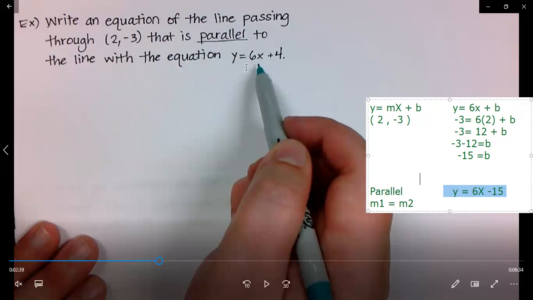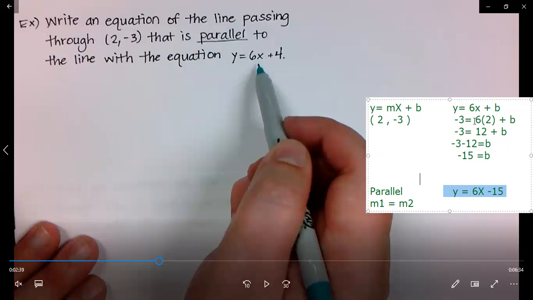So we will cut the slope from the first equation, and we are going to paste it in the second equation. Now we found the first variable, which is m, and we are looking for b. Then we will choose any ordered pair like 2 and negative 3. Then we will replace the value of x and the value of y.